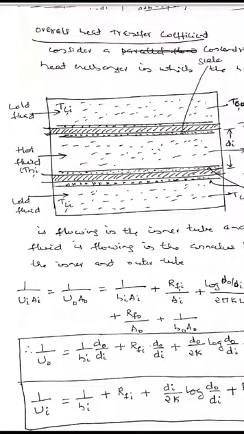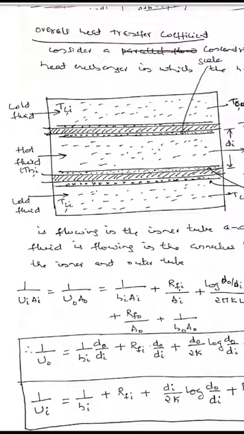Heat will flow by convection from the hot fluid to the inner surface, through the inner tube by conduction, and from the outer surface of the inner tube to the cold fluid by convection. Thus, heat transfer involves a combination of conduction and convection processes.